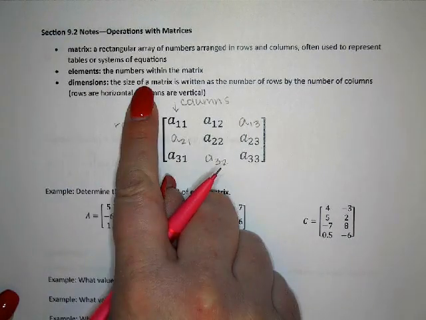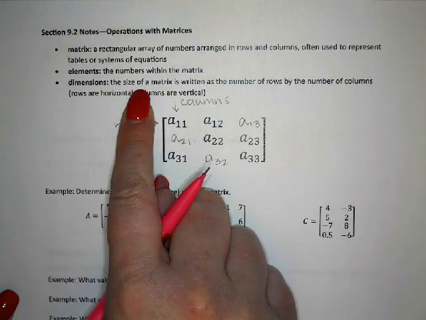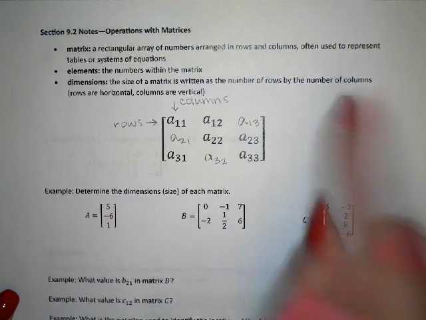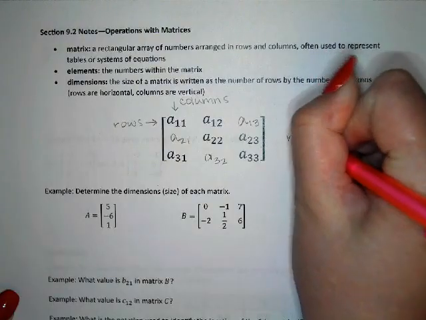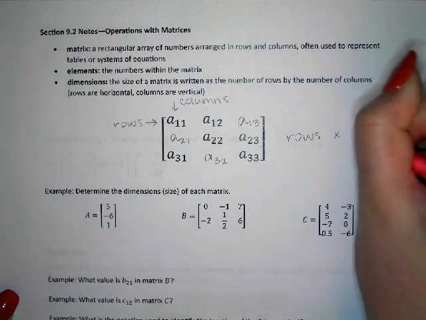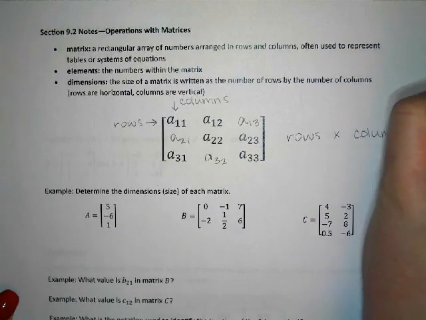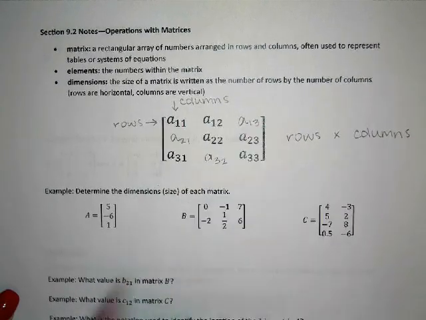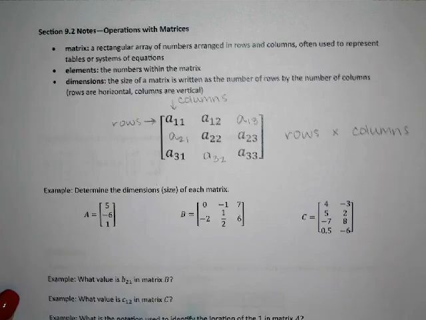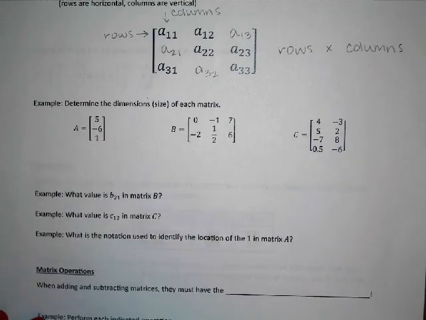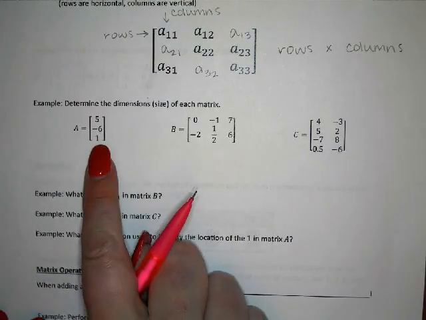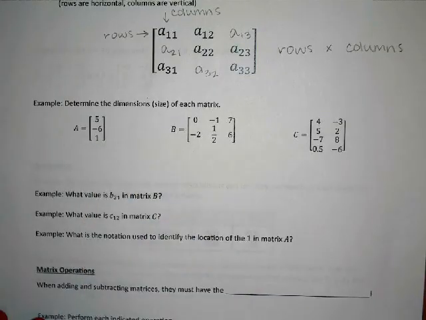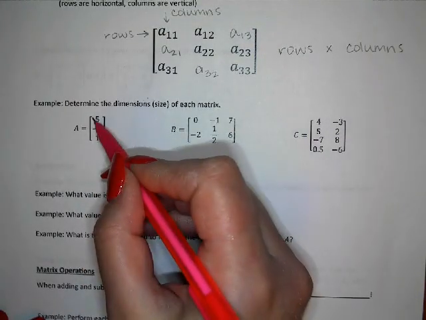Dimensions: the size of a matrix is written as the number of rows by the number of columns. So rows by columns. This would be a 3 by 3 matrix because there's 3 rows, 3 columns. For the first set of examples, it says to determine the dimensions of each matrix.